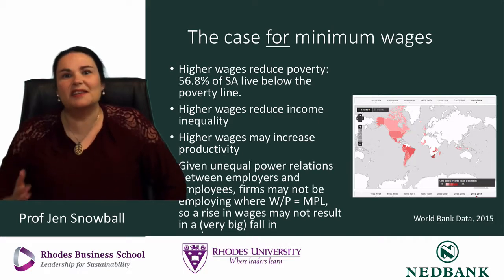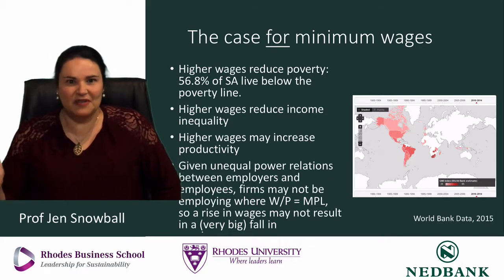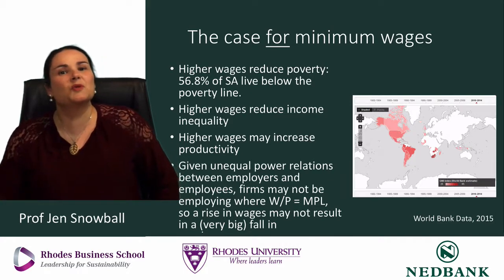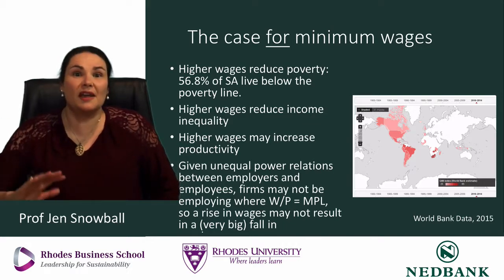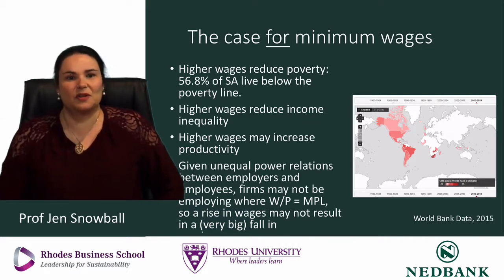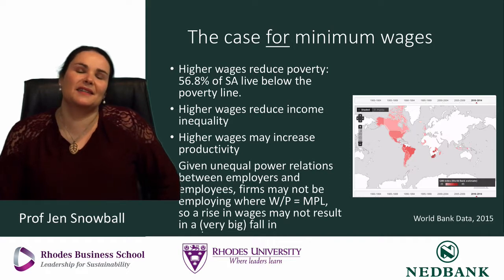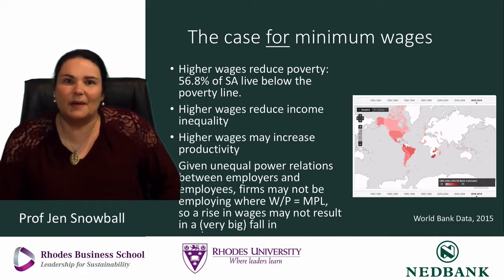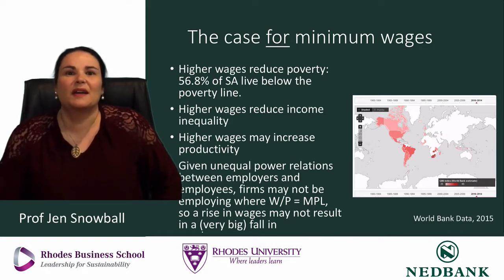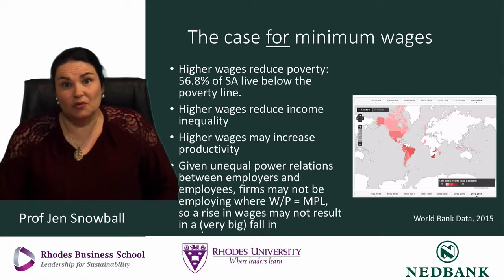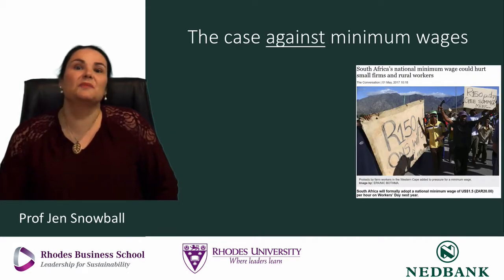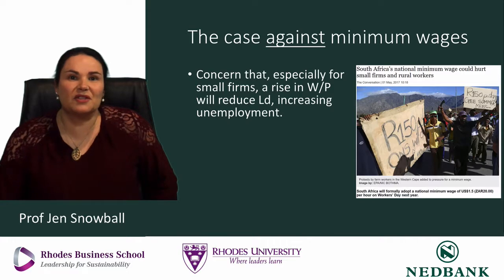They are actually having a bit of slack or a bit of economic profit, and this would be a way of getting the firms to share the profit with the workers. So the idea is that there would be a fall in employment perhaps, but it wouldn't be a very big fall, right? For most firms, they would simply redistribute some of their profits from the owners, the shareholders, to the workers.